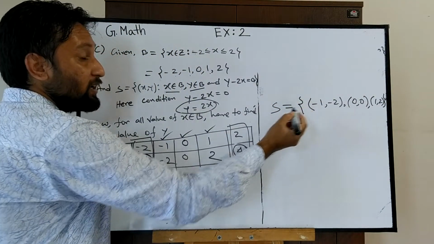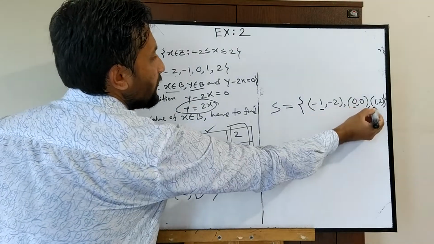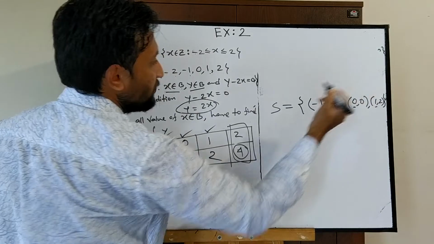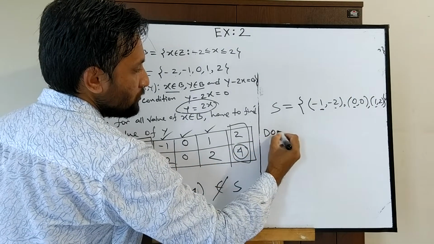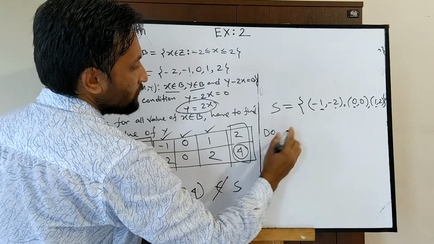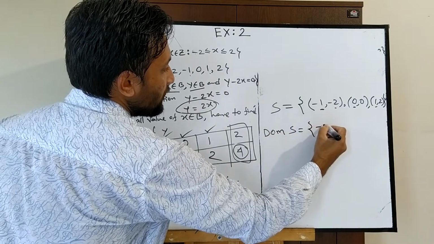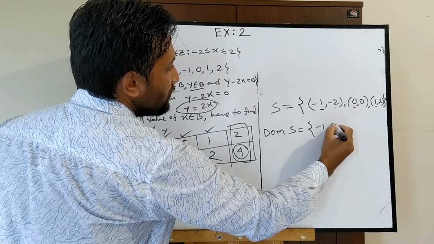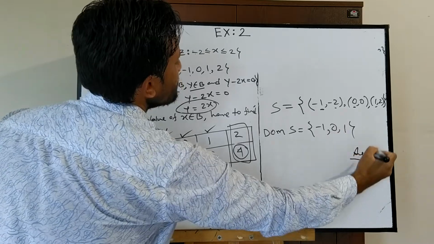So we know that in every pair, the first element is called the domain and the second element is called the range. So the domain of S, that means dom S equals minus 1, 0 and 1, every first element. This is the answer of C.